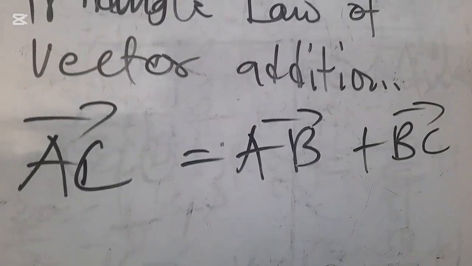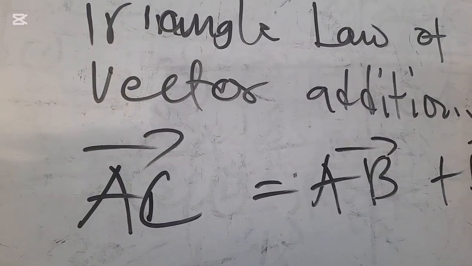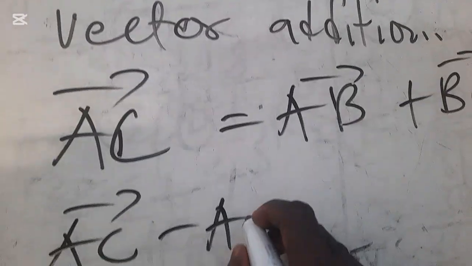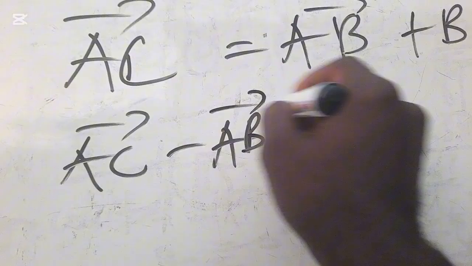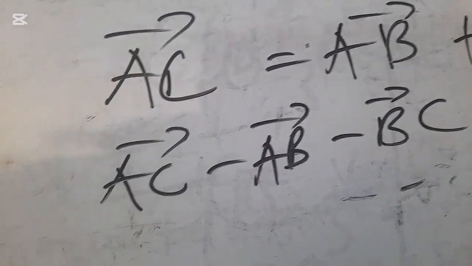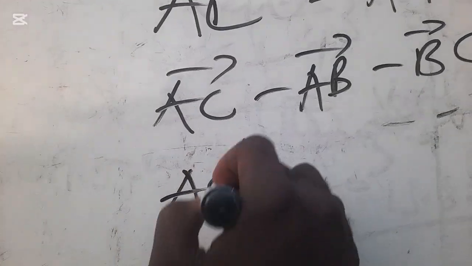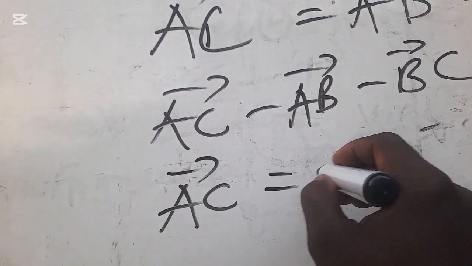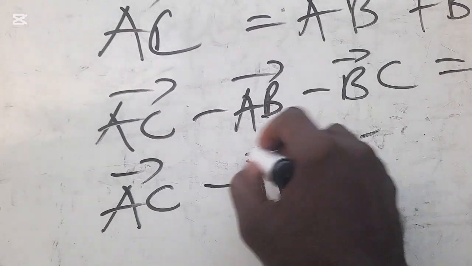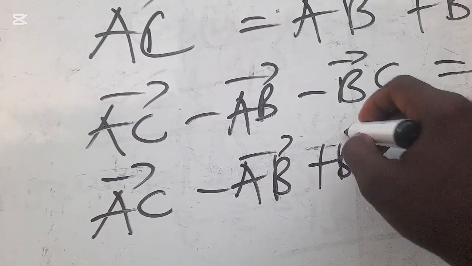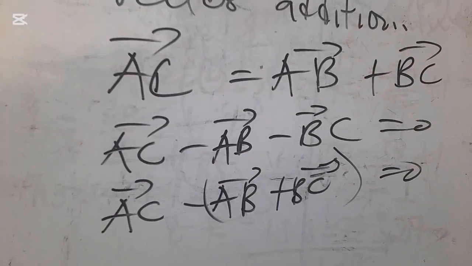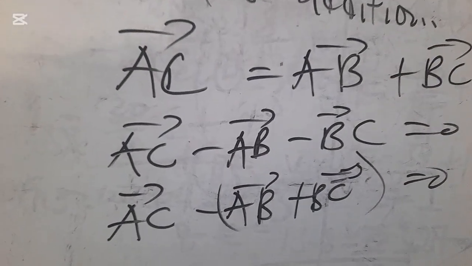If you want to equate all to 0, then when they cross the equal to sign they will become negative. So that will be AC minus AB minus BC is equal to 0. Then we can say vector AC minus (AB plus BC) is equal to 0. This is under the triangle law of vector addition.